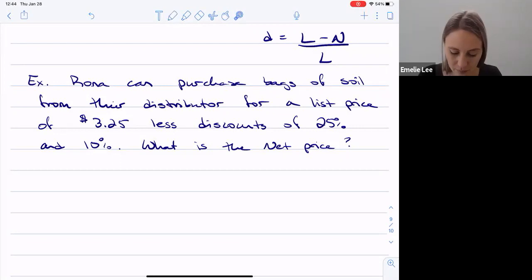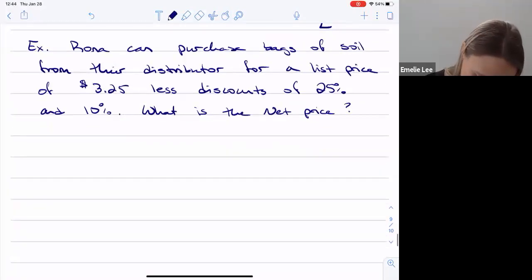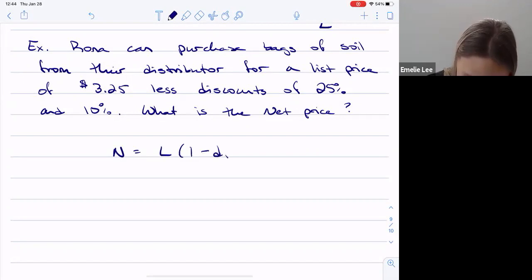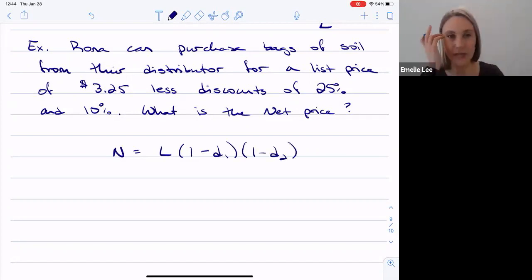But here it's asking for the net price. We're given the list price, and it also mentions discounts. And so from there, I have a pretty good idea that I should be using N equals L times 1 minus D1 times 1 minus D2, making room for two trade discounts.